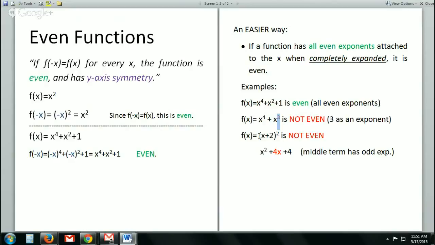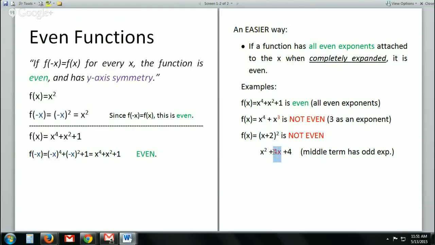Now here's one that's a little bit tricky. x plus 2 is being squared. This is not going to be even because if you were to expand that out, completely multiply it out, the first term, when you square it, makes x squared. These two things multiplied together and then times 2 makes 4x. The last one squared is 4.